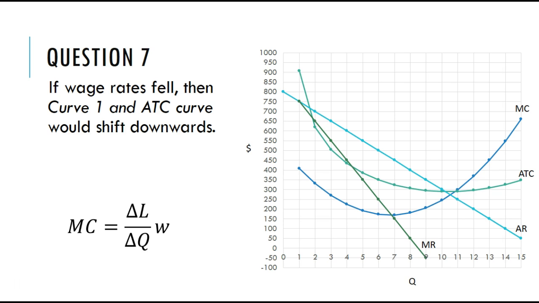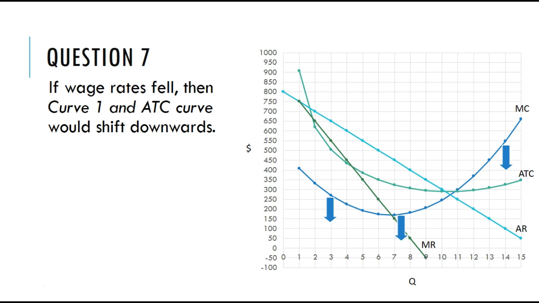You'll remember from the previous slide that we can represent marginal cost as the change in labour over the change in output times the wage rate. Now, in this question, we want to say that the wage rate falls. So what's going to happen to the marginal cost? It's going to fall as well. And we can represent that on the graph by shifting the marginal cost curve downwards.